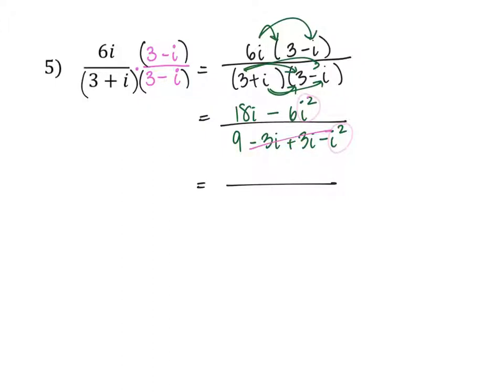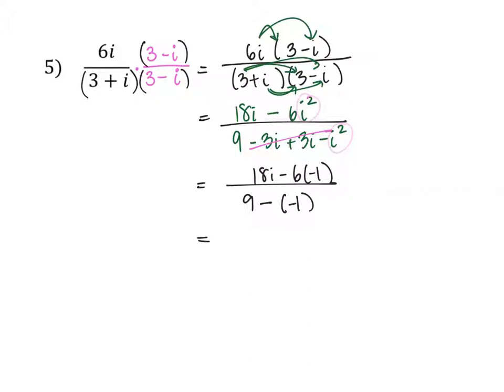So what I have left on the top is 18i minus 6 times negative 1, since the i squared gets changed to a negative 1. The bottom is a 9 that gets brought down. The middle terms cancel because that's what happens when you multiply with conjugates. Then there's a negative sign, but then there's negative 1 because i squared is negative 1.